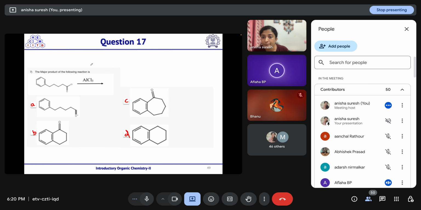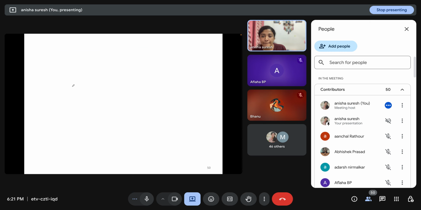Option C. Yeah. And an intramolecular Friedel-Crafts acylation reaction will be taking place here. So 1, 2, 3, 4, on the fifth carbon, double bond O, Cl. So let us see the mechanism.